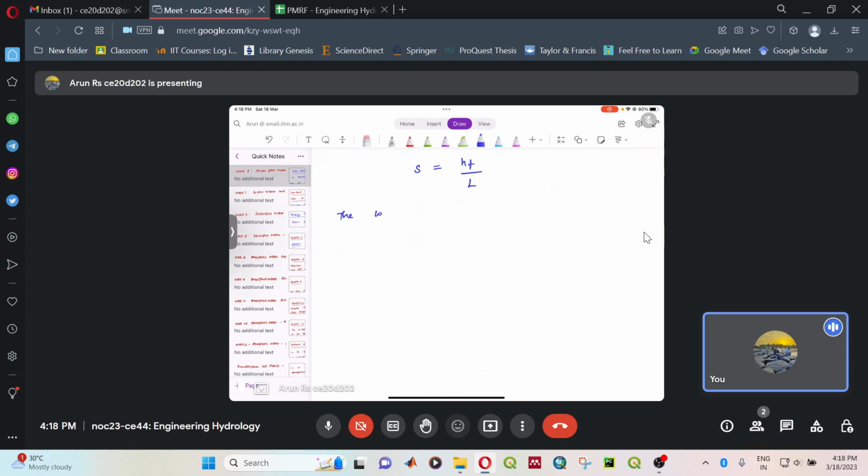And the conveyance K is a single parameter which will be used in the equation to solve the questions. So since we have the properties of two sections, we'll take the geometric mean of the conveyance.